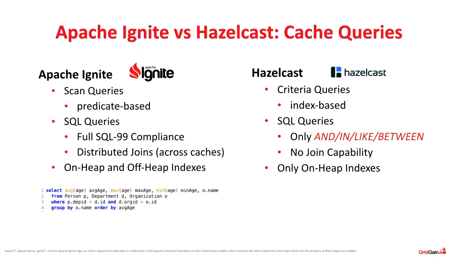So in Ignite, most focus was actually put into providing very rich SQL capabilities. There's absolutely no limitation as far as what SQL you can execute on top of Ignite. Ignite is SQL 99 compliant. So you can do inner joins, outer joins. You can do inner selects, unions, group bys, havings, all sorts of aggregates, all sorts of aggregate functions.